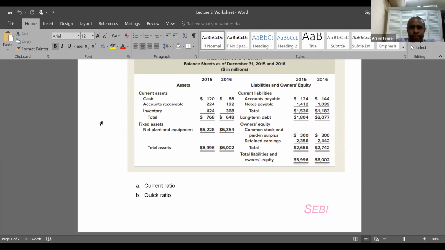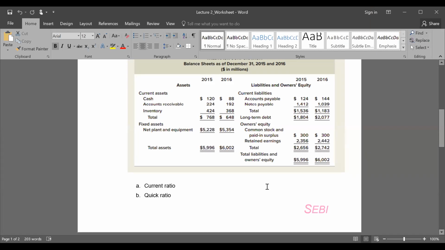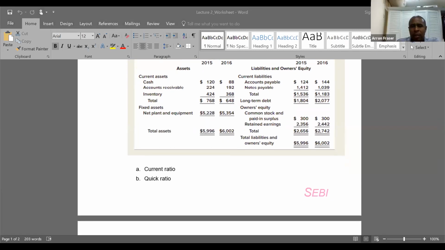Does anyone have any questions, concerns? Where the figures come from? No, sir. So the answer for the B would be 0.24 times.